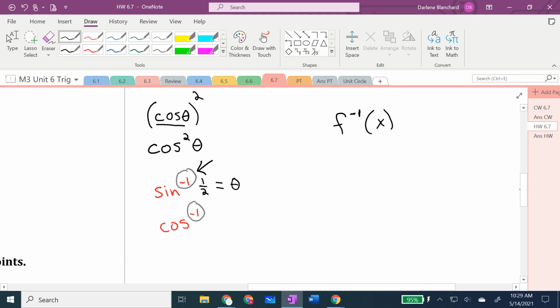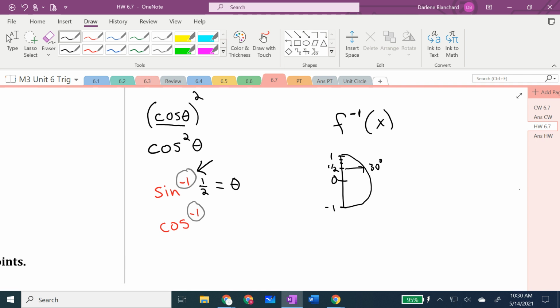So if I told you to find the inverse sine of 1/2, you would actually be looking at, here's a y-axis. Our 3 special numbers are 1/2, √2/2, √3/2. 1/2 is actually leading you to the angle of 30 degrees. So I want you to understand that the answer to an inverse trig function is an angle.